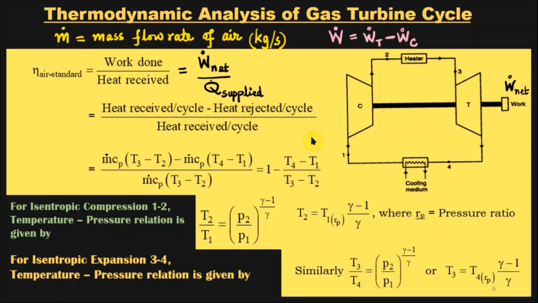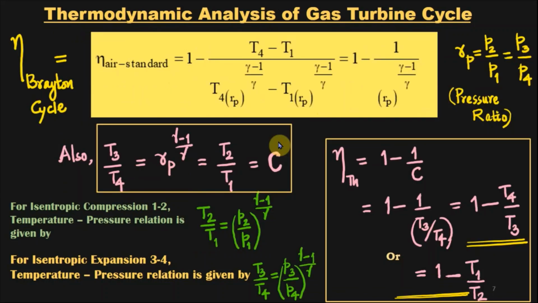We know that the net work output you can find in two ways for a closed cycle, that is heat received per cycle minus heat rejected per cycle, that will give you the net work done. Otherwise, you can find out by subtracting the compressor work from the turbine work.